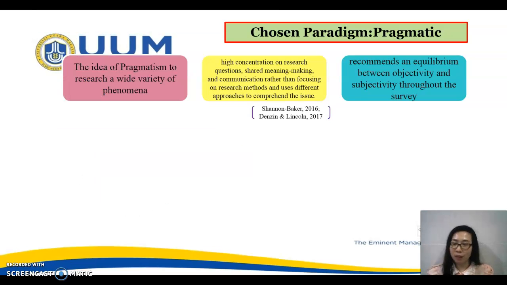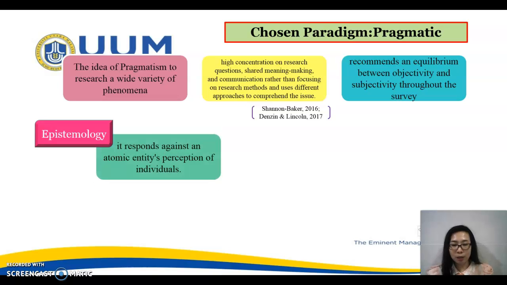For the pragmatic paradigm, about its assumptions, the first assumption is the epistemology. The idea of the pragmatic paradigm promotes a relational epistemology. It responds against an atomic entity perception of individuals.